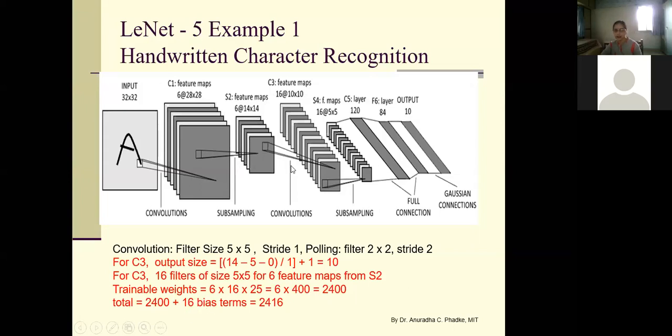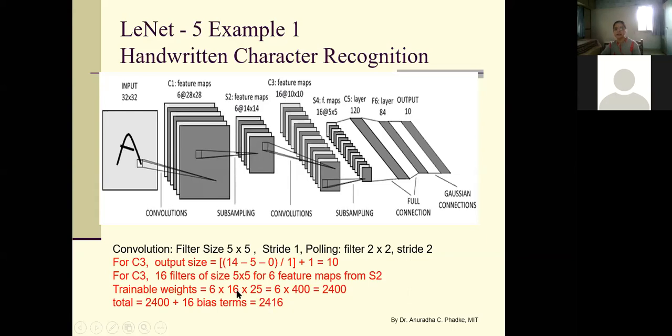So for the next convolution layer C3, there are 2416 trainable weights. Is it clear to all of you? Because for the next layer, we consider 6 feature maps from the previous layer, and for all those 6 maps, we use different 16 filters.